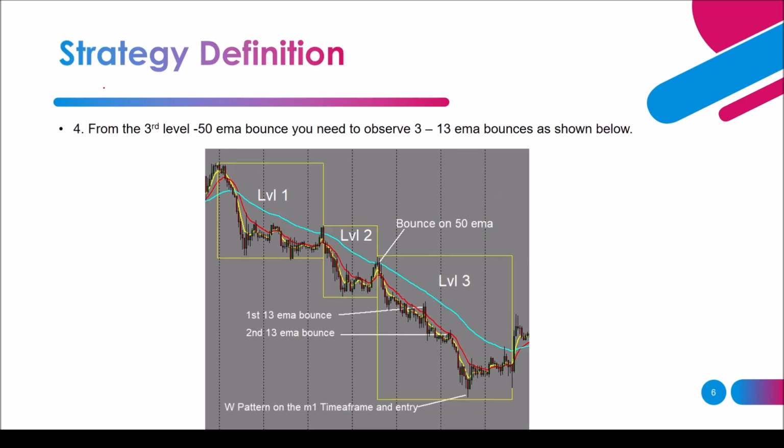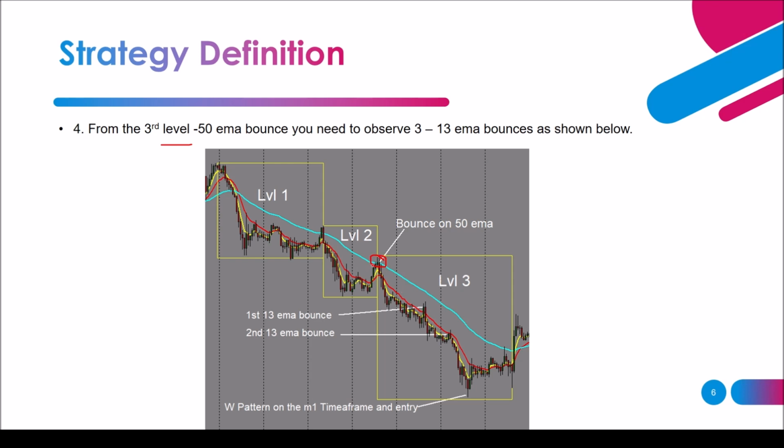The fourth step is from the third level 50 EMA bounce at this point. From this bounce on the 50 EMA, you need to observe 13 EMA bounces as shown. From the second bounce on the 50 EMA, you now need to look closely at the market so that you see 2 13 EMA bounces.